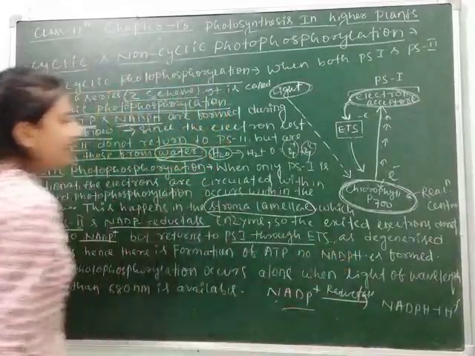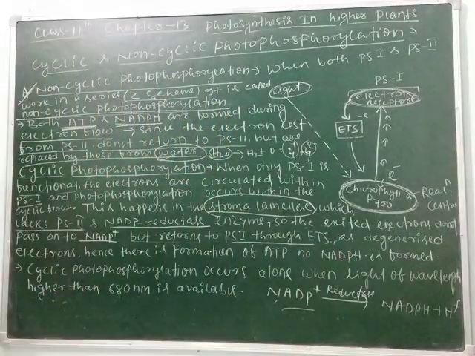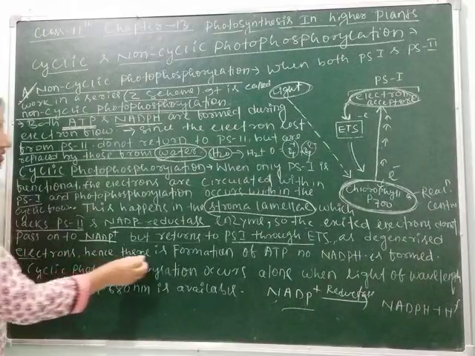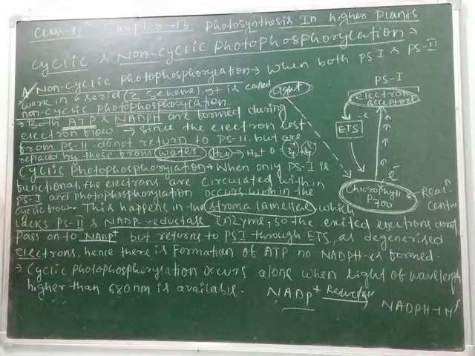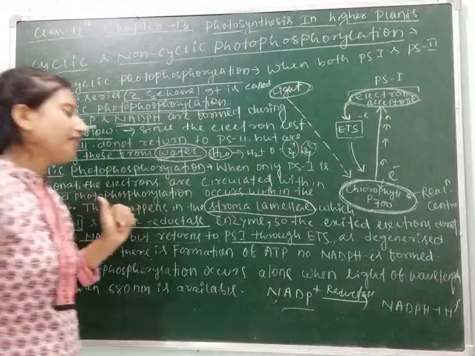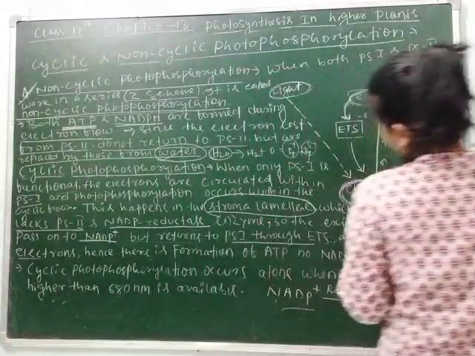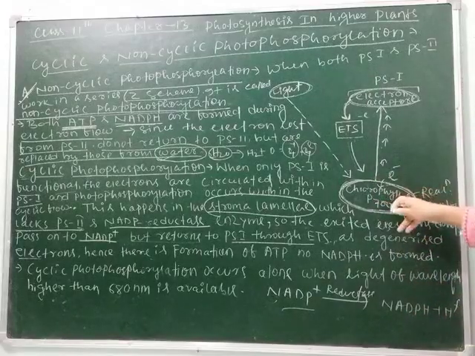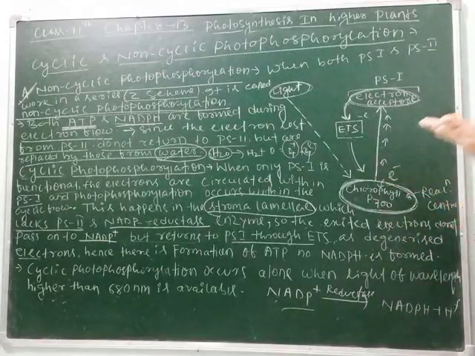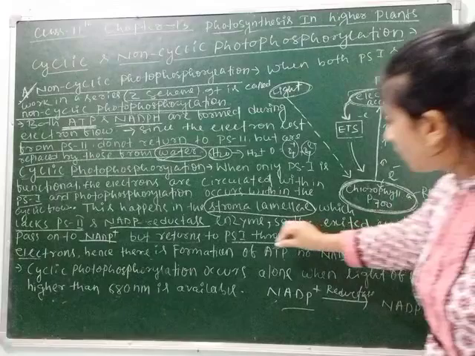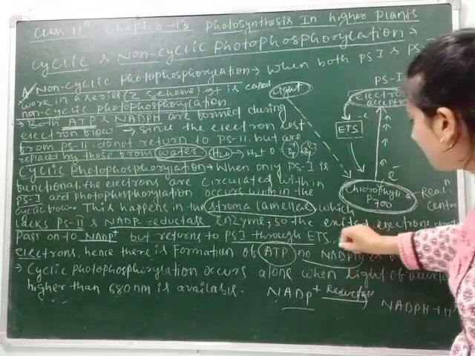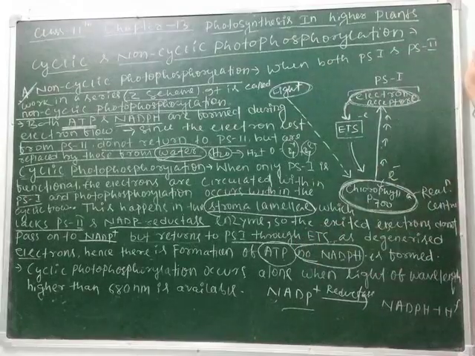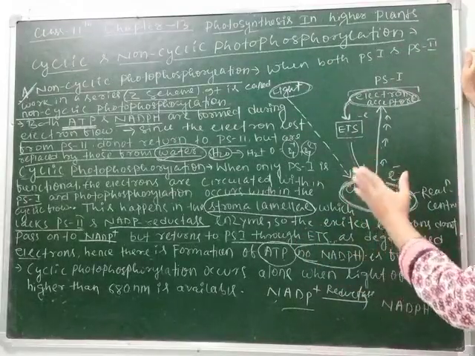As the electrons are recycled, hence there is formation of ATP, no NADPH. Clear? As here the electron returns towards PS1, no NADPH is formed, but only ATP is formed. So this is also an important difference between cyclic and non-cyclic.